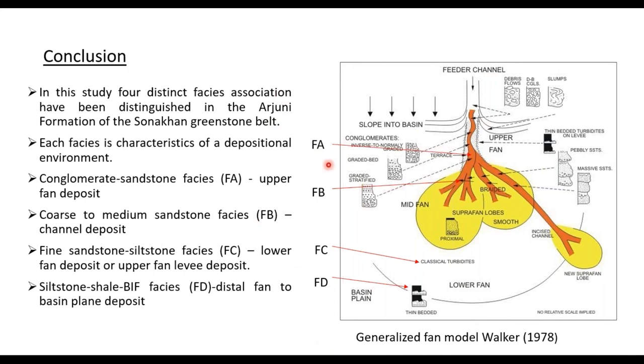The conglomerate dominated FA facies association is compared with the upper fan facies deposit, whereas the FB facies association consists of coarse sandstone and granule conglomerate, the mid-fan channel deposit, and FC consists of classical turbidites. These are compared with the lower fan deposit, and FD is compared with the lower fan and basin plain deposit.